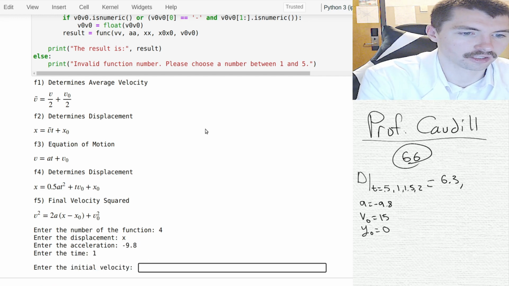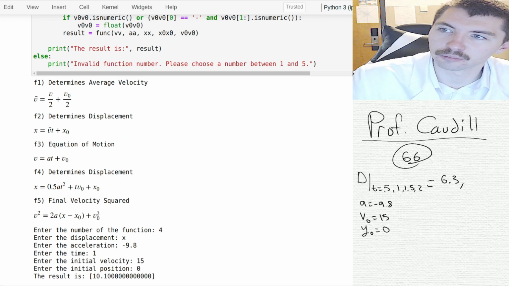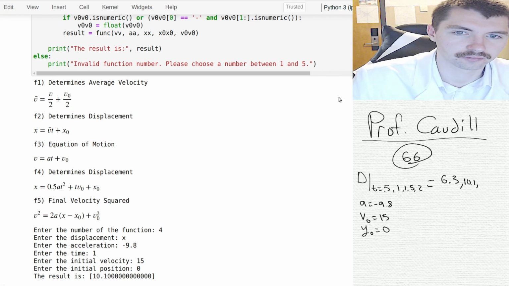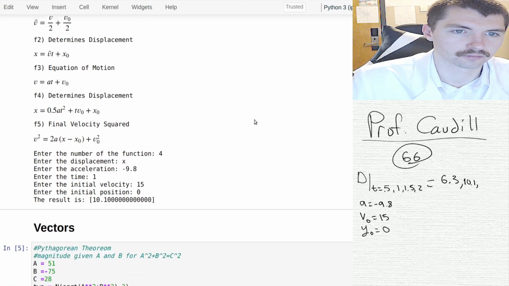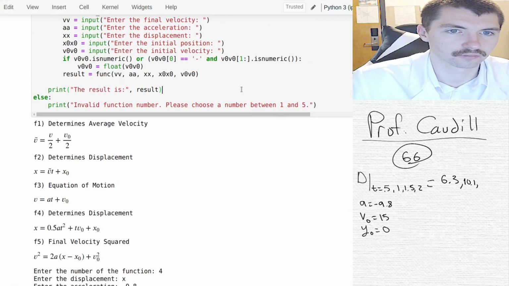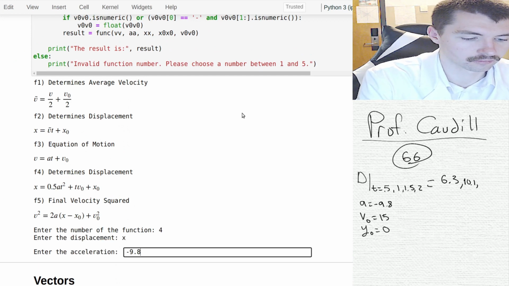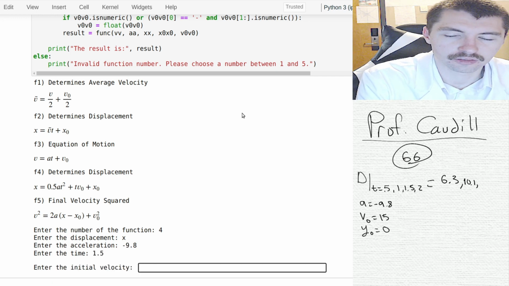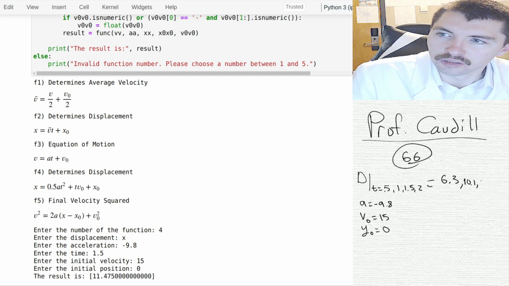Now we're going to do 1 second: negative 9.8, 1, 15, 0. So we're going to get 10.1. Time is 1.5, 15, 0, 11.5.